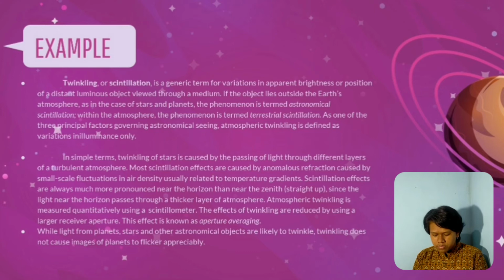In simple terms, the twinkle of a star is caused by the passing of light through different layers of a turbulent atmosphere. Most scintillation effects are caused by anomalous refraction caused by small fluctuations in air density, usually related to temperature gradation.